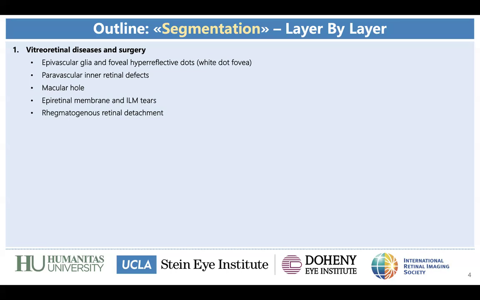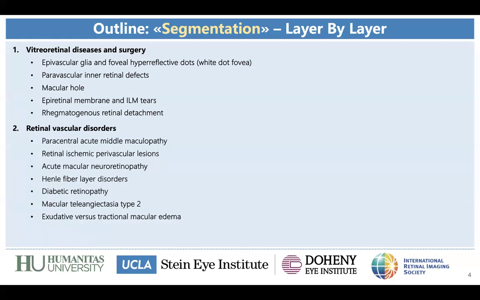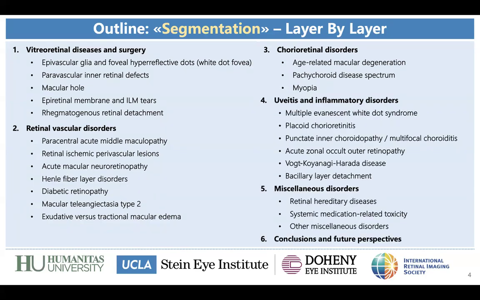We will start with the vitreoretinal interface diseases, moving to the middle retina and the retinal capillary plexuses, so retinal vascular disorders, to move then to chorioretinal disorders, including age-related macular degeneration and pachychoroid. I will finally conclude with more miscellaneous diseases, including inflammatory disorders.